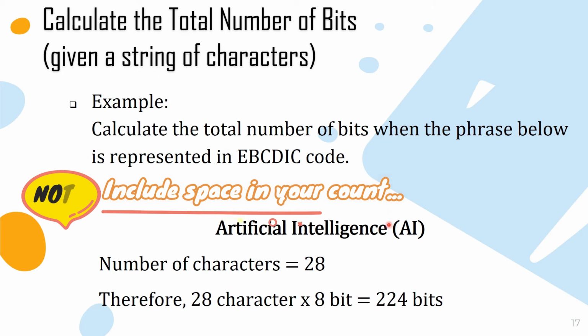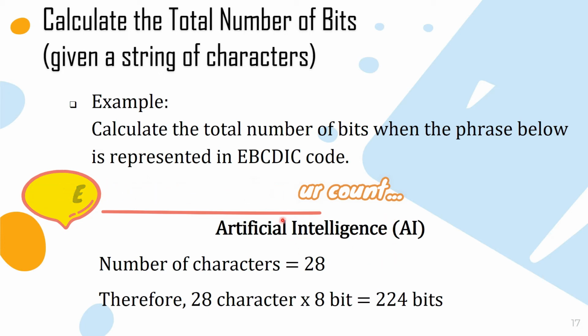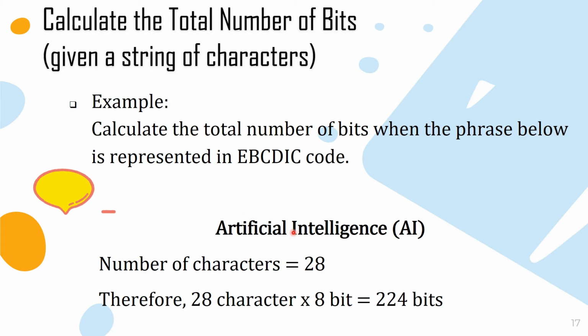Because on the keyboard we have a spacebar key, so that's why it is counted together. So total from A until close bracket is 28 characters. Therefore 28 characters times 8 equals 224 bits. Remember that you must include space.